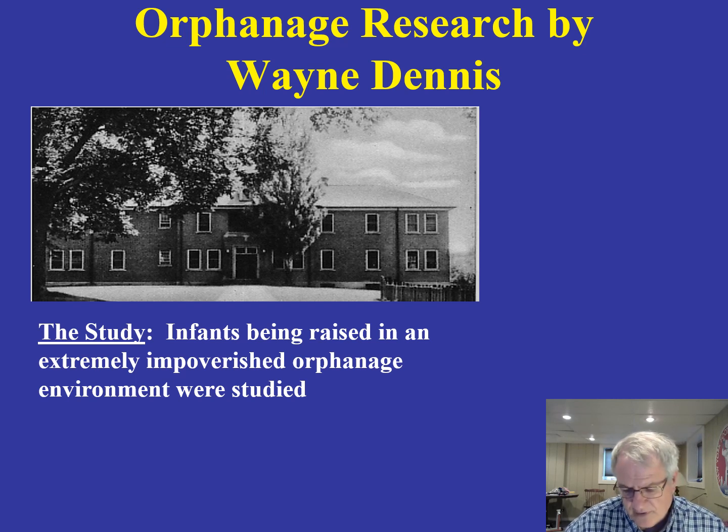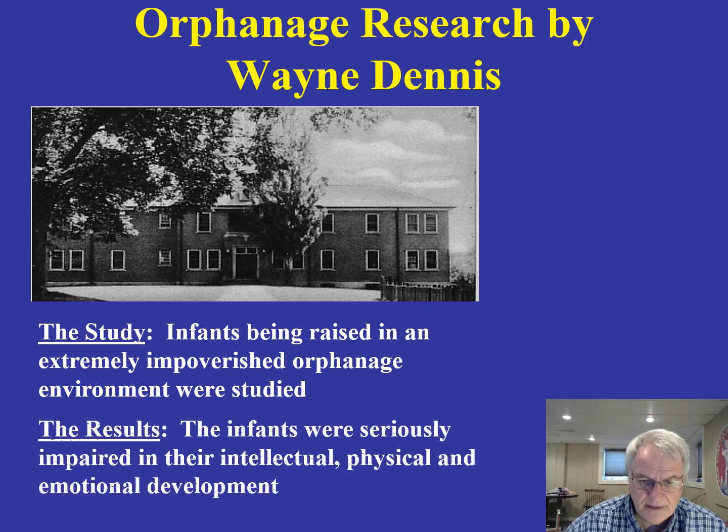The study was a very provocative one because the study showed that infants were very seriously impaired in these orphanages in terms of their intellectual development, their physical development, their emotional development, and really they did not have many contacts with adults. The adults that were there were overworked staff members. They didn't really have a lot of toys and exposure to learning experiences.